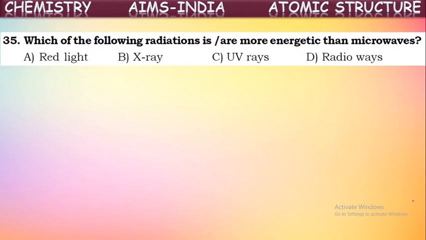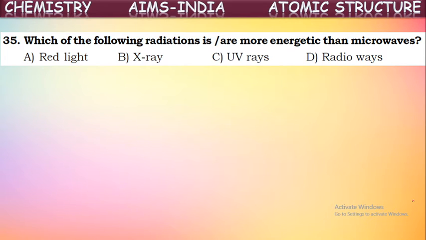Which of the following radiations is more energetic than microwaves? So, microwaves. Generally, microwaves will be in between radio waves and visible light. Microwaves are having less energy than visible light, X-rays, UV radiation, and these all.